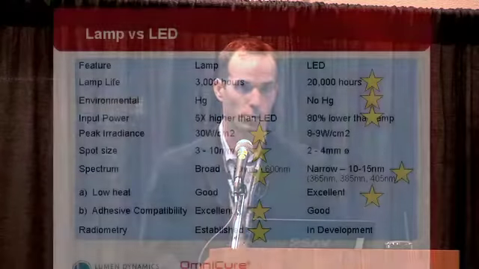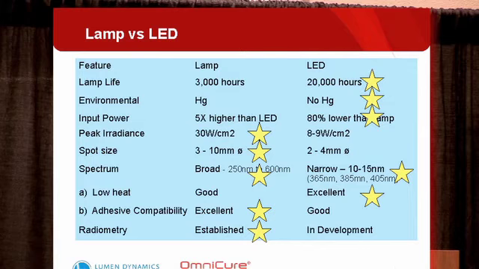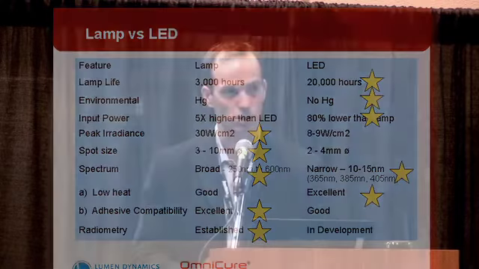As far as the spectrum goes, you have the broad spectrum of the lamp versus the narrow spectrum of the LED, and each one has its own advantages. Certainly LED has the advantage of lower heat, where the lamp system really has the advantage of better compatibility with adhesives.